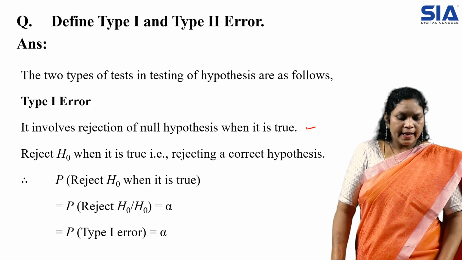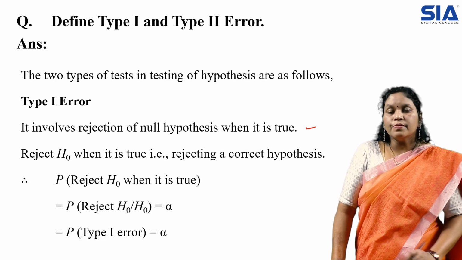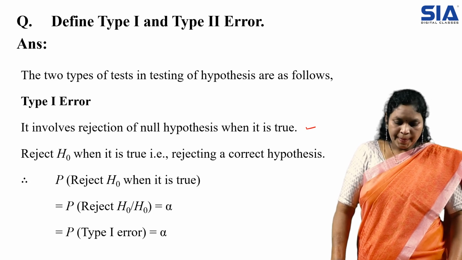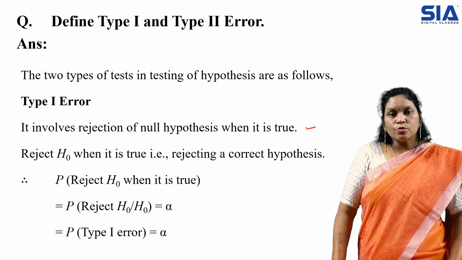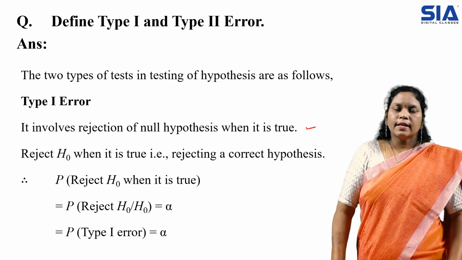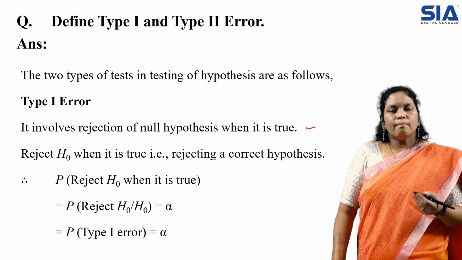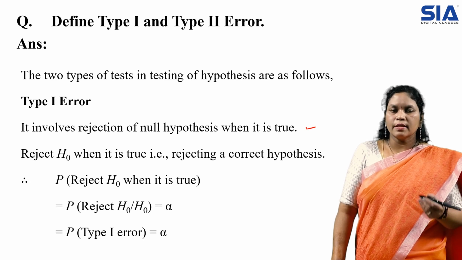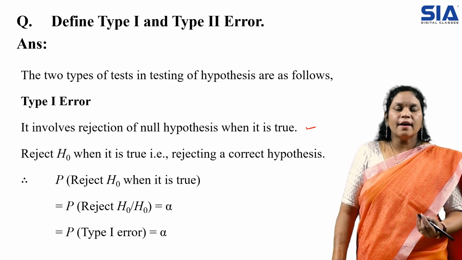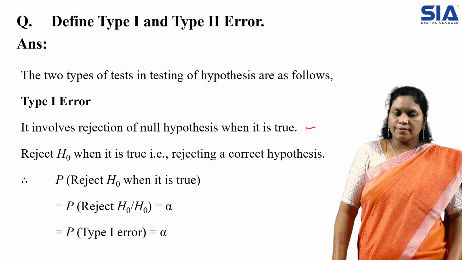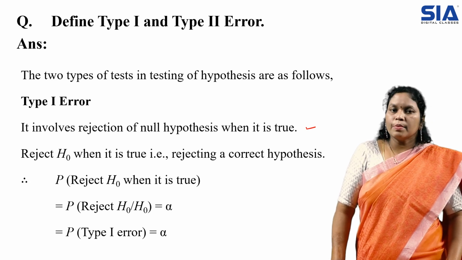First one is rejecting the null hypothesis when it is true, which is type 1 error. Actually the null hypothesis is true, meaning we got correct answers, but somehow we have made an error and rejected that particular null hypothesis.